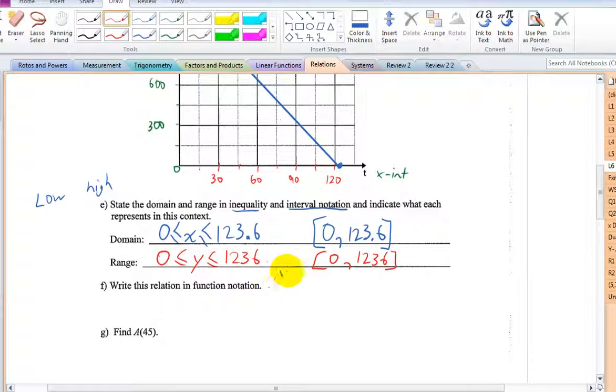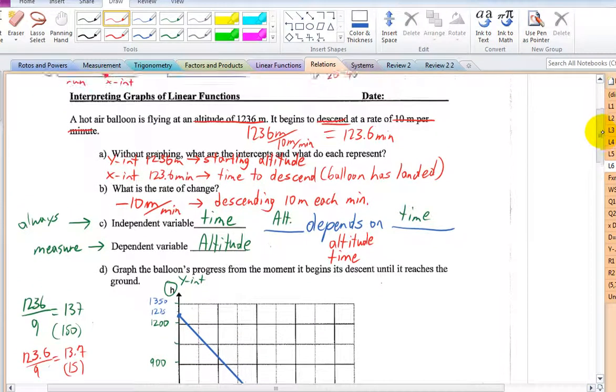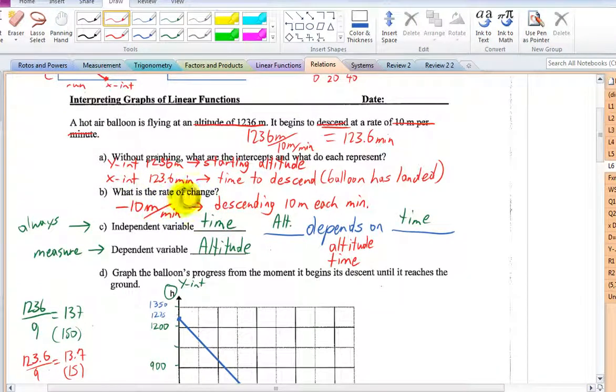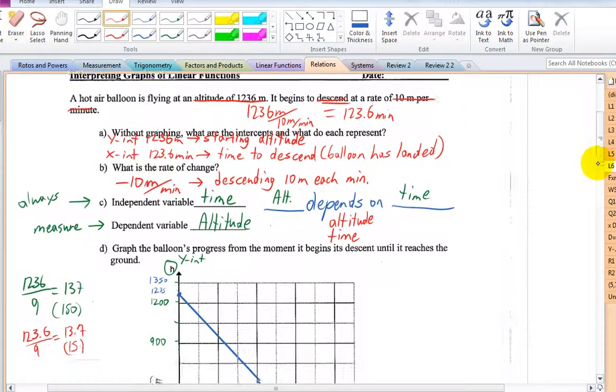Okay, so let's write this in y equals mx plus b first. What's the slope and what's the y-intercept? You've already found that up above. What's the slope, Harj? No. Rate of change is your slope, right? -10.